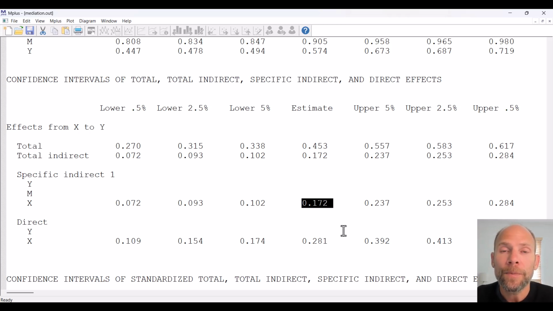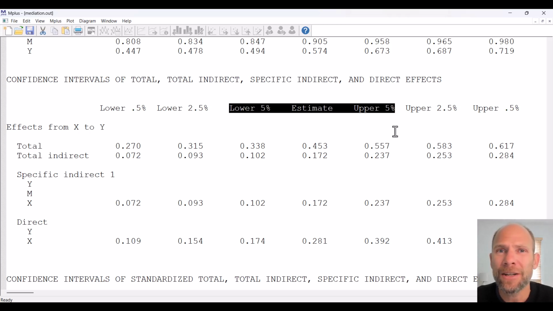Now to the right and to the left of this point estimate, we find the limits of the confidence intervals. First of all, in the columns lower 5% and upper 5%, we find the limits of a 10% confidence interval, because when you cut off 5% on each side, that together gives us 10%. So this would be a 90% confidence interval, which is typically not of interest.